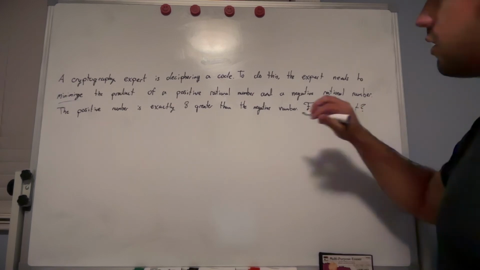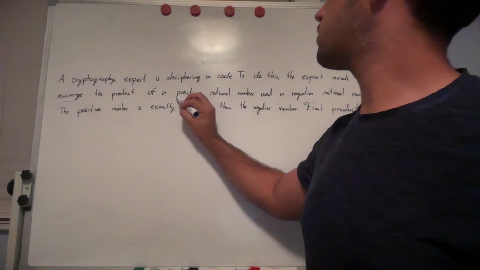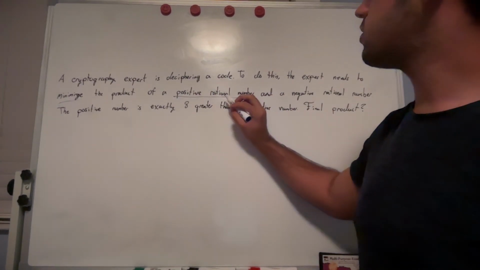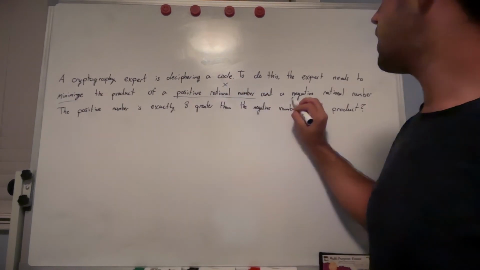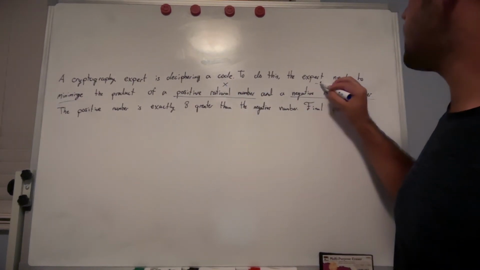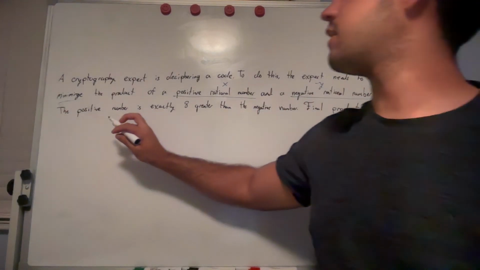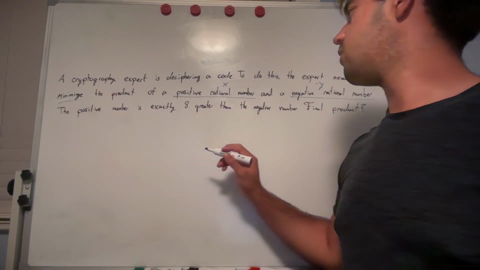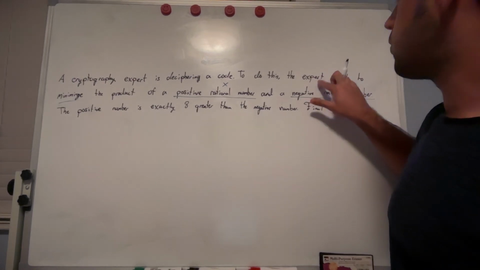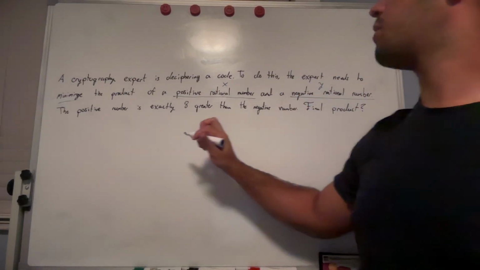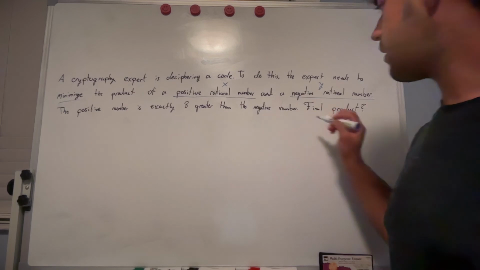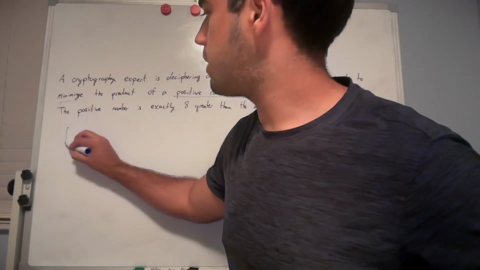What's the final product? So first, I'm going to label this positive rational number as x and this negative rational number as negative y, so that the y is actually positive. Or, I'll keep y positive, so xy. And then the positive number is exactly 8 greater than the negative number. So let's make our system.